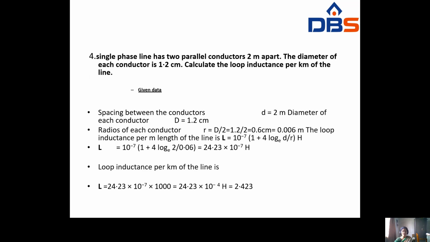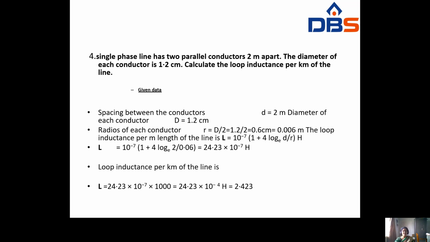Next we have to see another problem. Up to now we have discussed the problems on inductance of three-phase lines. Now you have to find out the inductance of a single-phase line. See here, a single-phase line has two parallel conductors 2 meters apart, so the distance between the two conductors will be 2 meters.